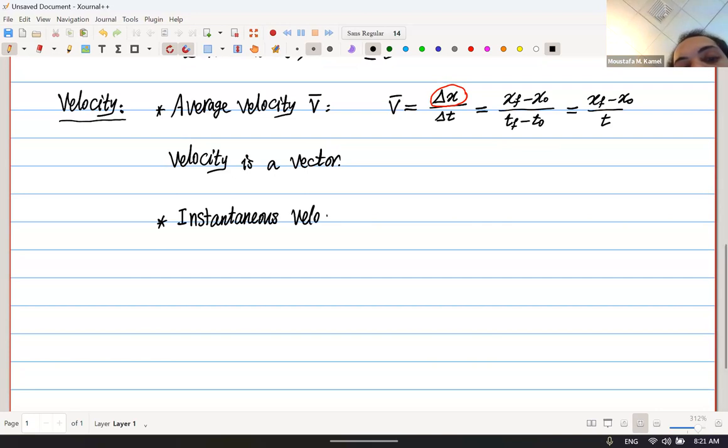Instantaneous velocity. I will denote it V without a bar.